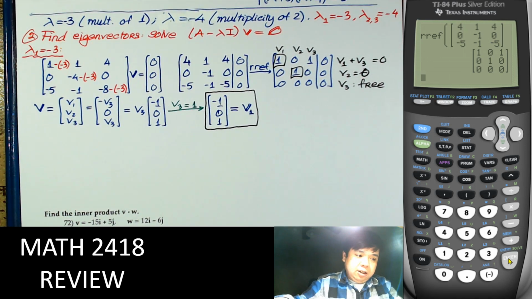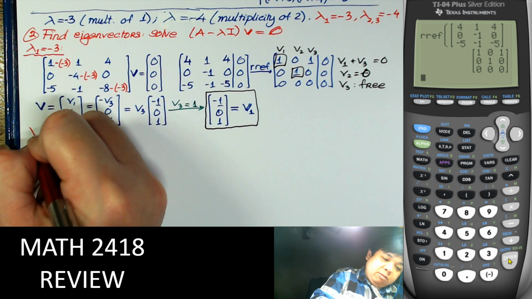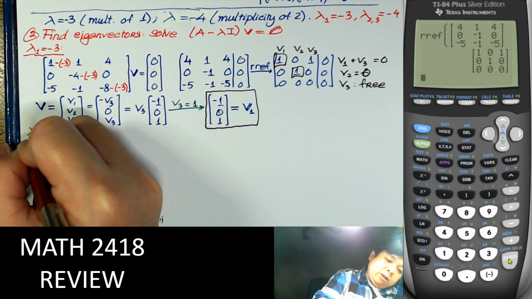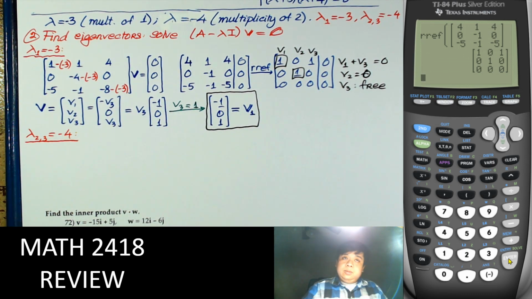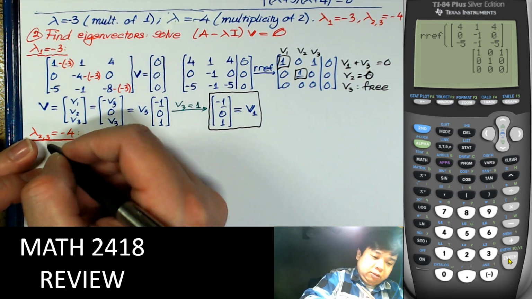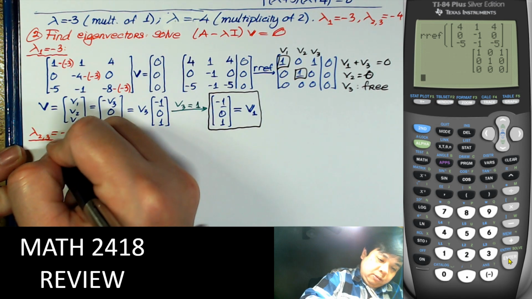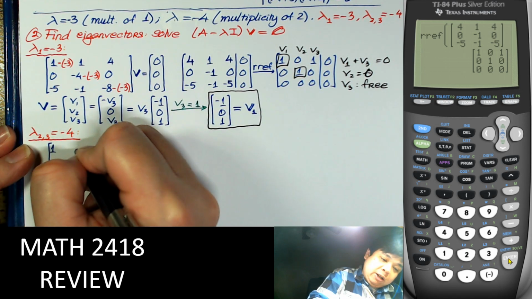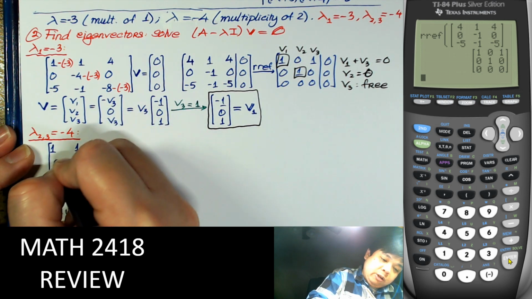Next, we have lambda 2 and 3 equal to negative 4. So we have the vector 1, 1 and 4.